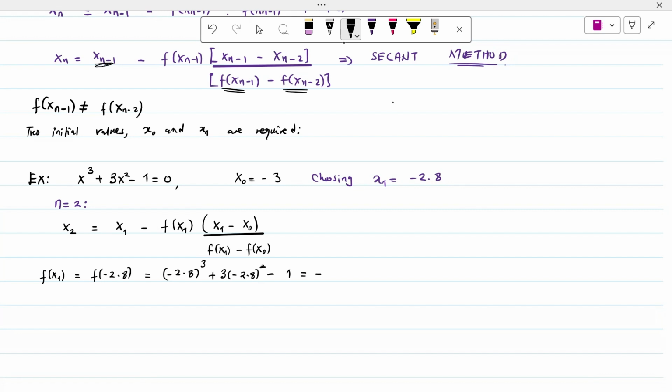Are you sure? I don't think so. I'm getting negative 18.952. What's happening? Because this is negative, positive, I don't think it can even go up to 44 something. So confirm that you're getting negative 18 point something.